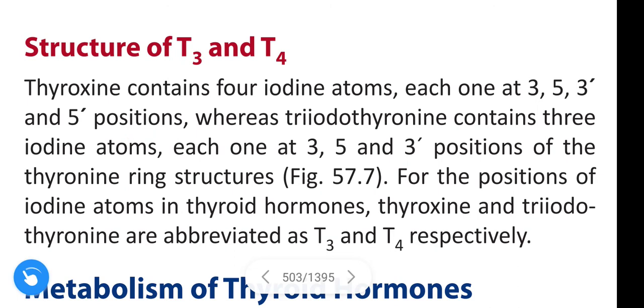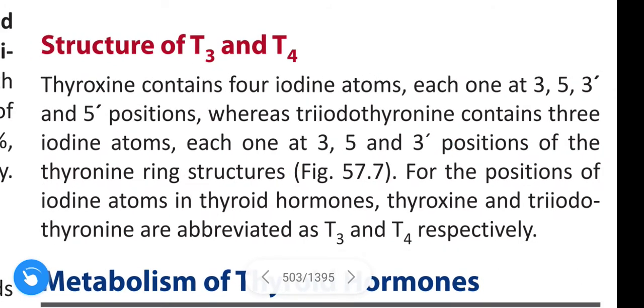Whereas triiodothyronine contains 3 iodine atoms, each at the third position, fifth position and 3' position of the thyronine ring structure. For the positions of iodine atoms in thyroid hormone, thyroxine and triiodothyronine are abbreviated as T4 and T3 respectively.